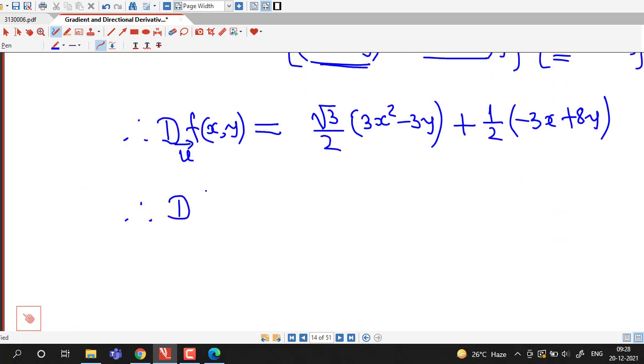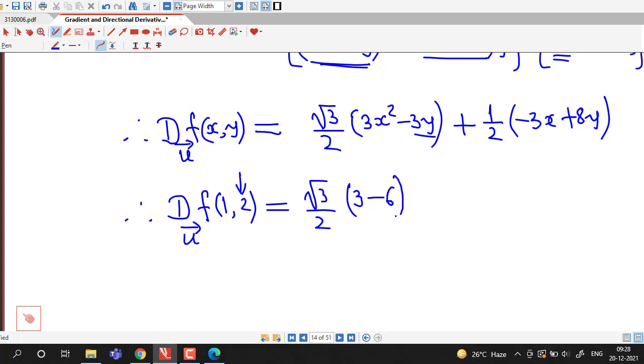Therefore the directional derivative of f at point 1, 2 in the direction of u bar equals root 3 by 2, we have to take x equal to 1. So x square is 1 minus 3 into 2, that is 6, plus 1 by 2, x is 1, so we have minus 3 into 1 minus 3 plus 8 into 2, that is 16.